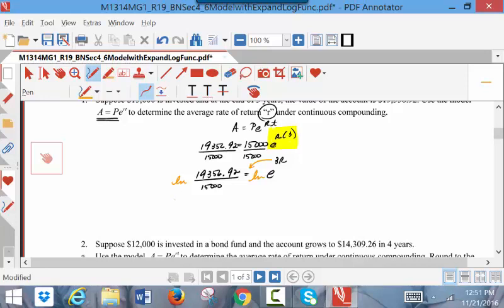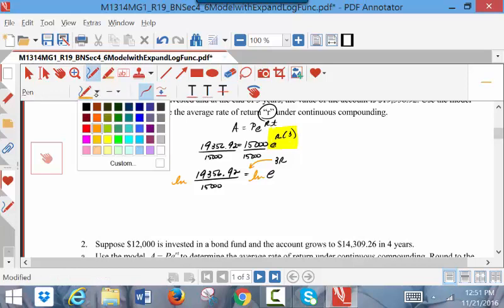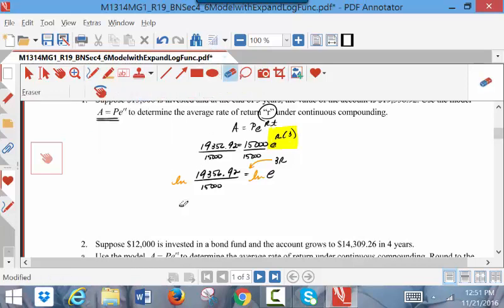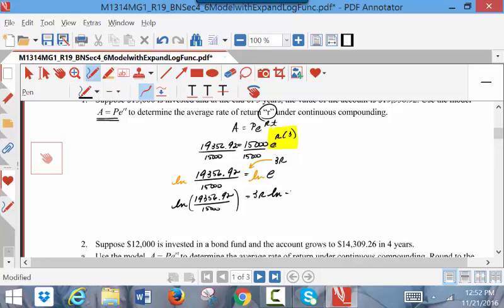So now we have the natural log of this fraction, 19,356.92 divided by 15,000, equaling 3r times the natural log of e. But we know, just as in those prior examples, that the natural log of e is 1. It just equals 1. So now I just need to divide both sides by 3 to get r.